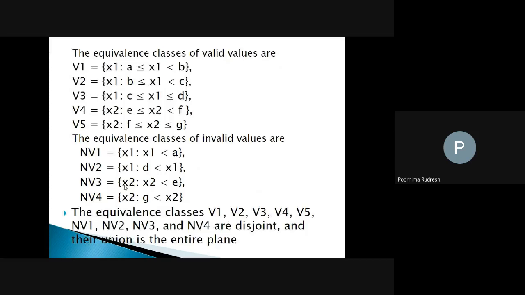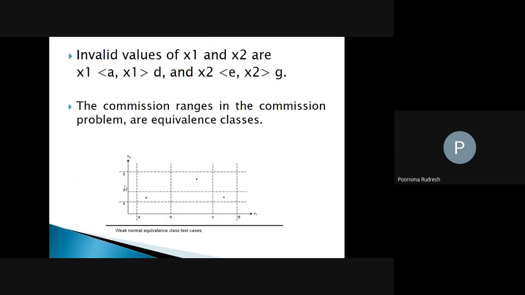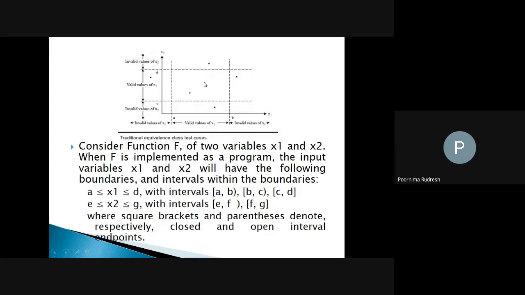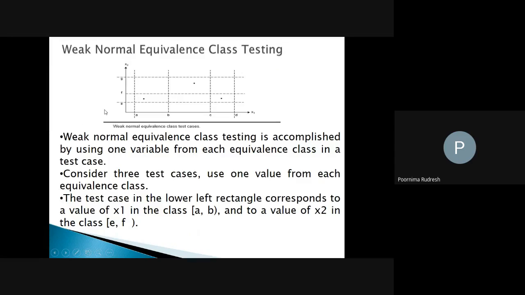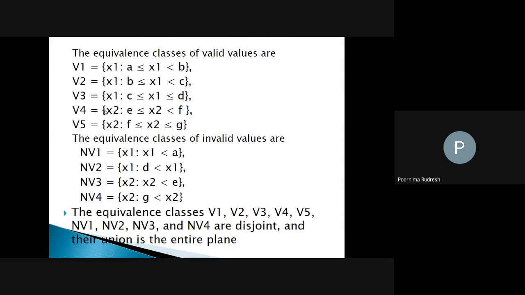So with the help of this graph we can identify what the valid values and invalid values are. See here, five valid values are defined: v1, v2, v3, v4, and v5.